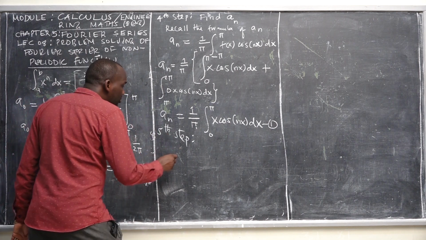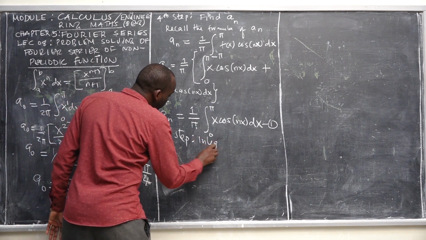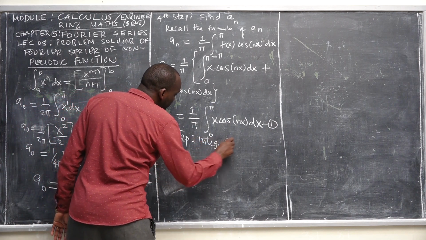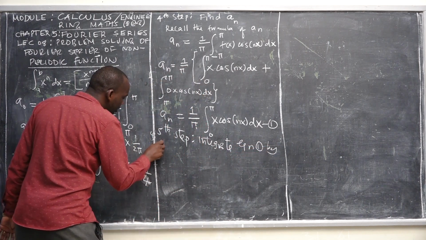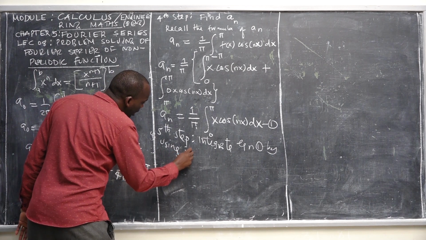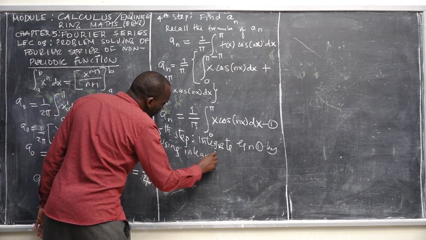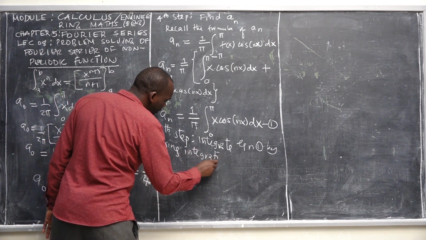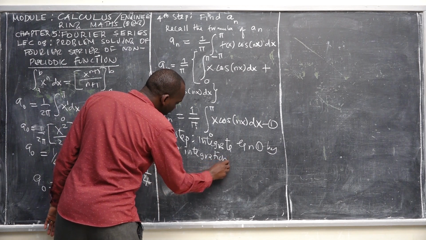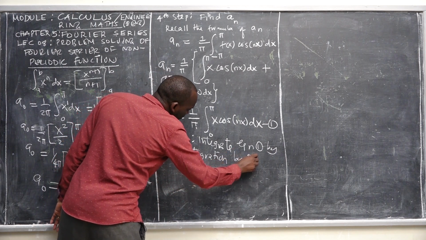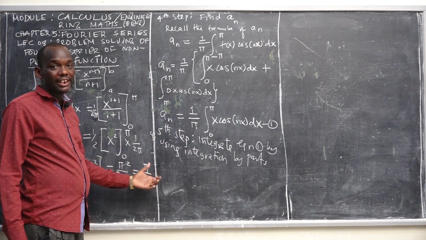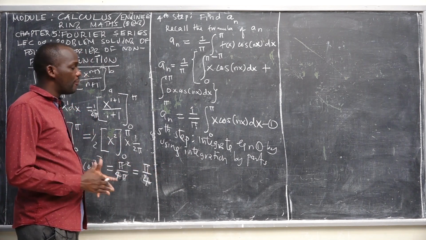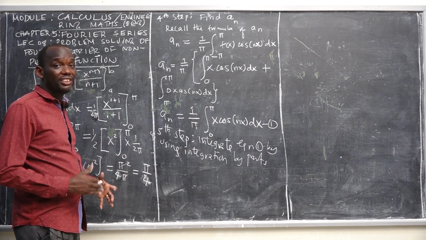For the 5th step, let us integrate equation 1 by using the technique called integration by parts. And this is the informal formula of integration by parts. There is a formal formula, but this is informal.